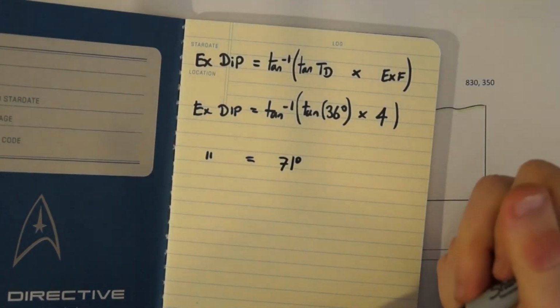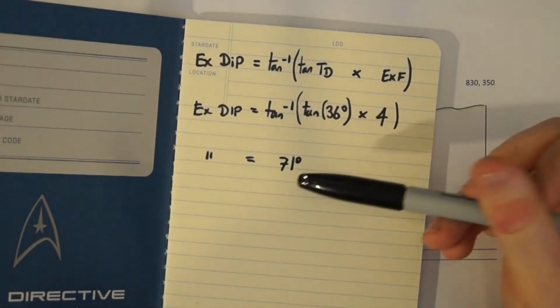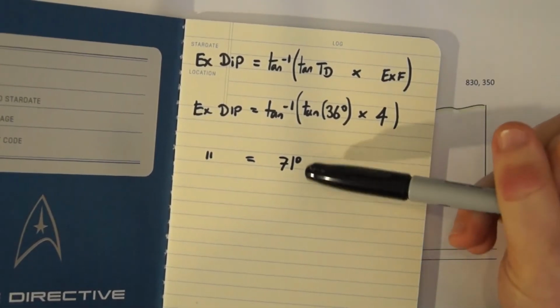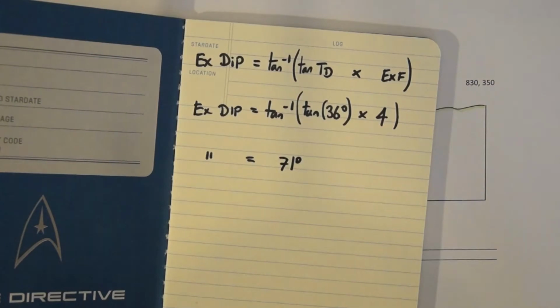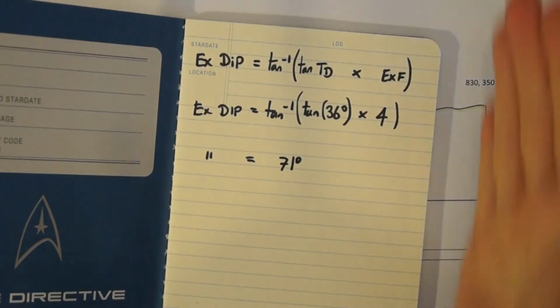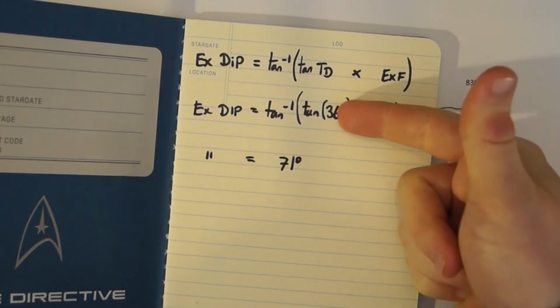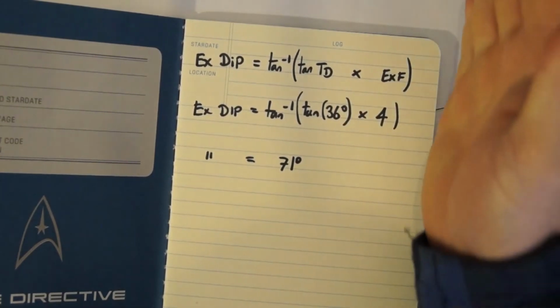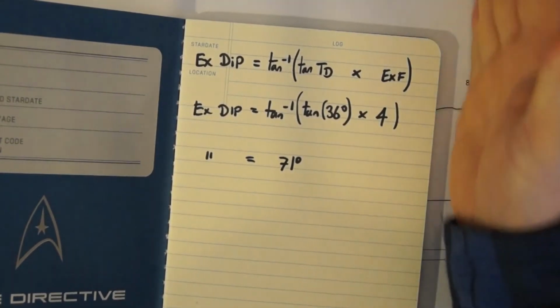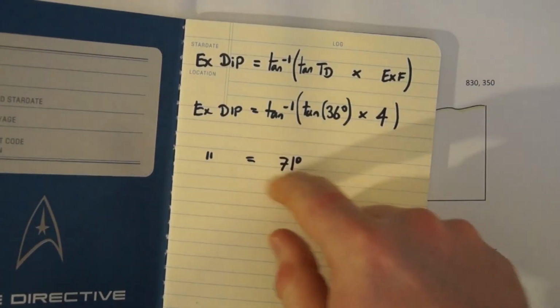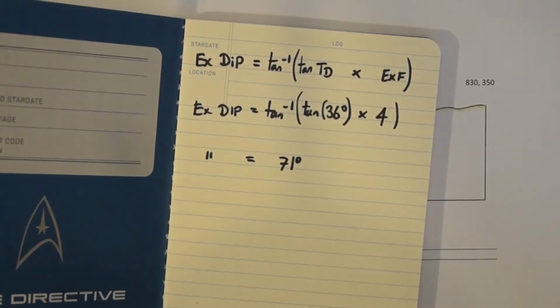Now this is the angle that we'd plot the fault at if we had drawn a cross section perpendicular to strike. So that true dip of 36 degrees, if we were drawing a cross section perpendicular to strike of the fault with this vertical exaggeration factor of 4, we'd end up drawing the fault as 71 degrees.